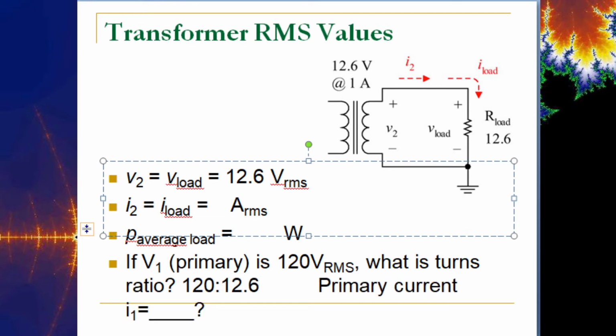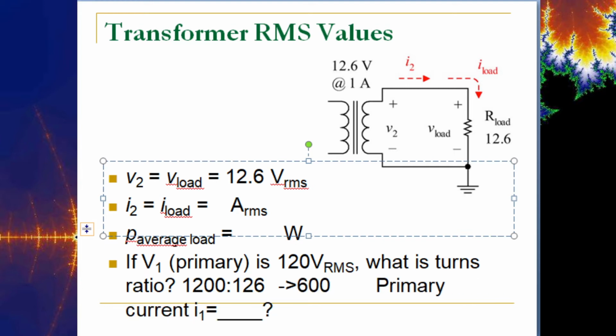Now, 0.6 of a turn isn't really a good number, so you could go ahead and multiply these by 10 and say 1200 to 126. Then if you took that ratio and divided it by 2, you'd come up with 600 to 63. You can further refine that and divide each one by 3, in which case you'd be down to 200 to 21.